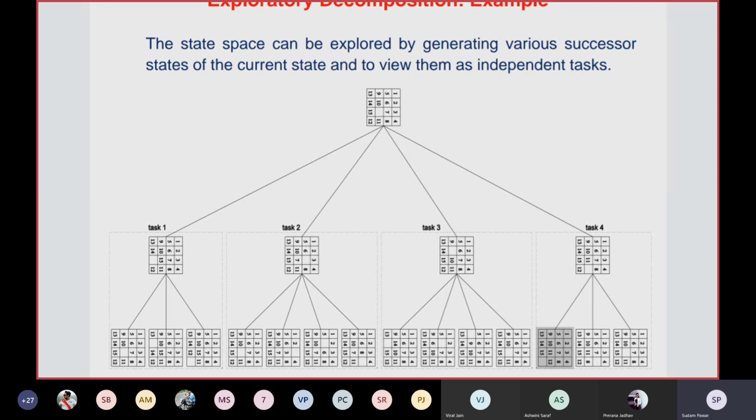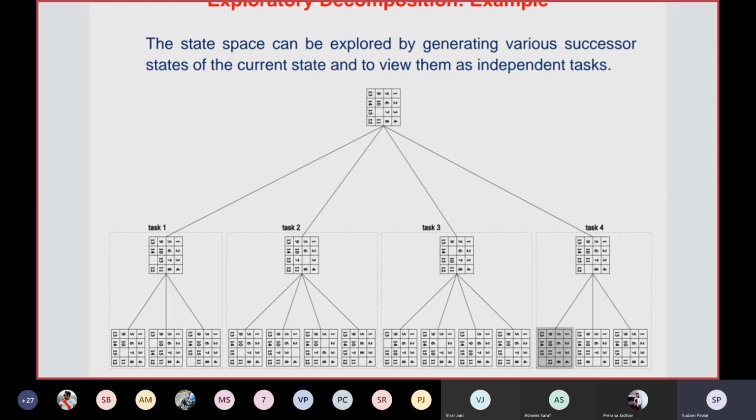There is a possibility of moving 15 up, that is task 1, then moving 7 down, that is task 2, moving 10 right, that is task 3, and moving 11 left, that is task 4. Depending on that, four tasks are generated in this exploratory decomposition.